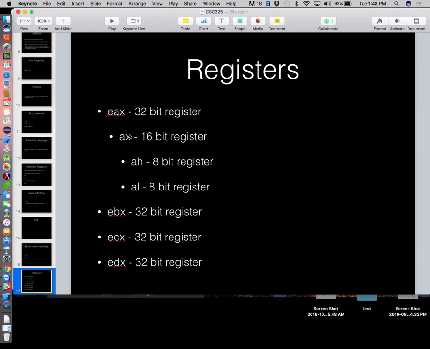Because when I talk about 4 bits, what's a synonym for 4 bits? When I'm dealing with a 4-bit value, that's a what? Nibble. I'd probably take niblet, it's kind of a cutesy name.